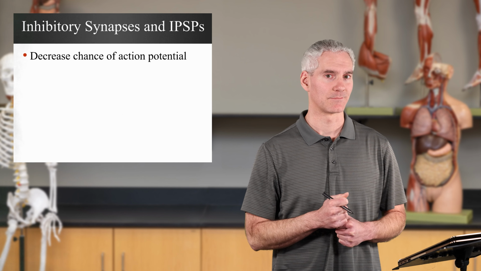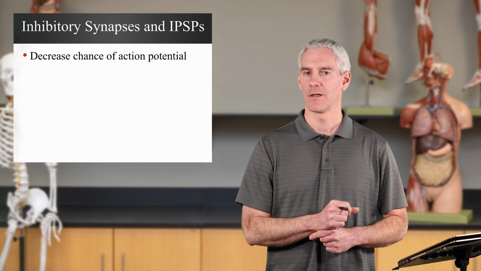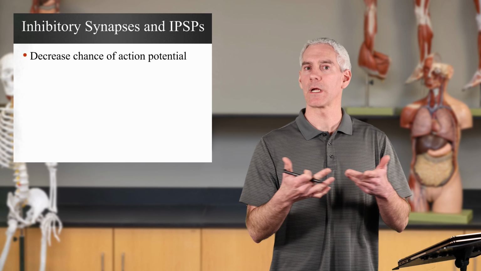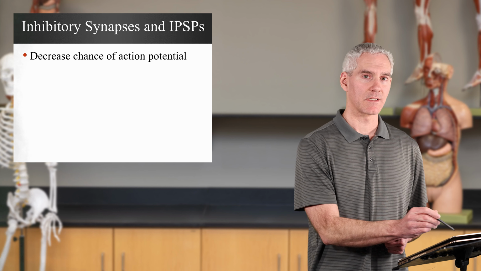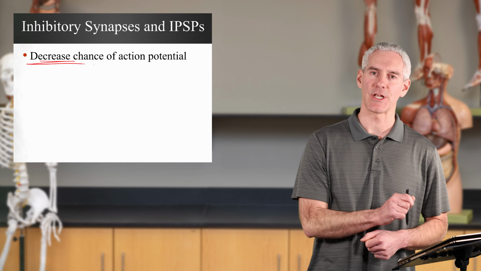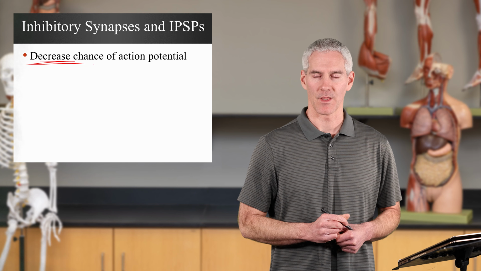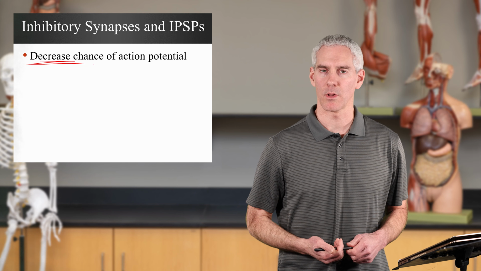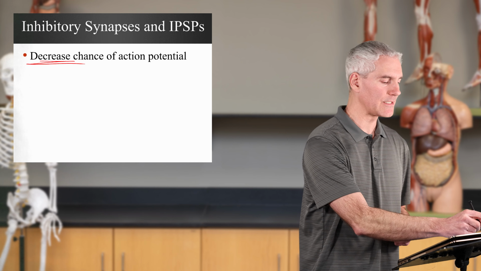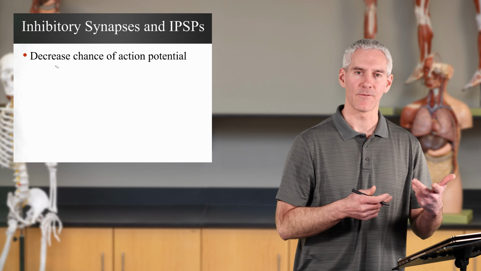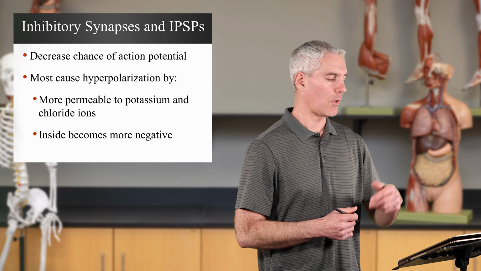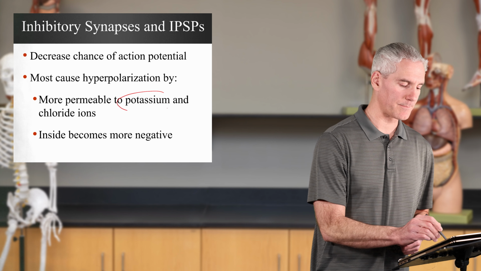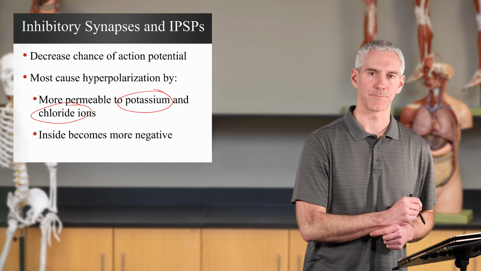Flip it around. Inhibitory, or IPSPs, inhibitory postsynaptic potentials. These ones are decreasing your chance of an action potential. They're causing hyperpolarizations. They're trying to move away from that threshold. So you can end up hyperpolarizing because you've more potassium, more chloride.